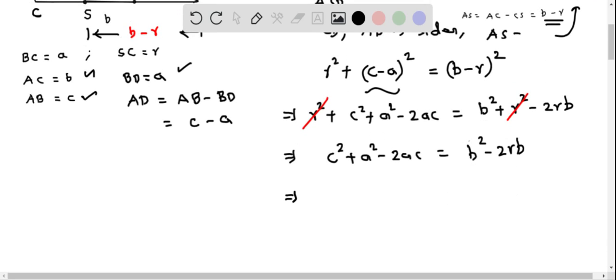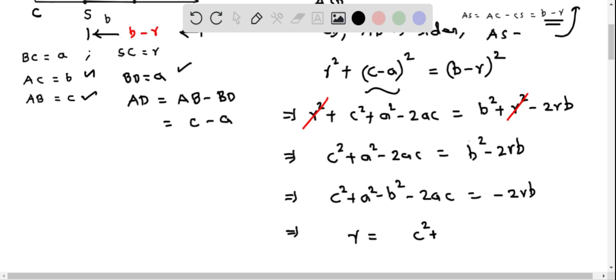When we do that, we get C squared plus A squared minus B squared minus 2AC equal to negative 2RB, which means we just have to divide by negative 2B to solve for R. Therefore R equals C squared plus A squared minus B squared minus 2AC, divided by negative 2B.